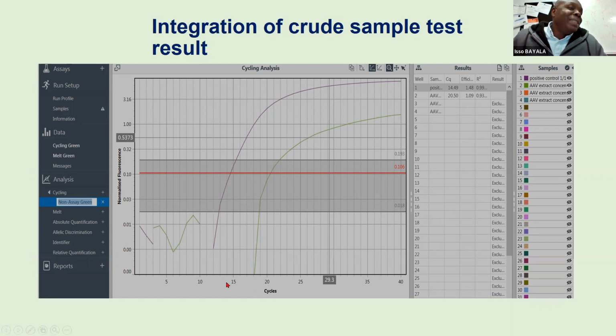And the green line takes about 17 cycles. So it means there was less material in the green before you get to the CT. So the CQ tells you how many cycles it took for each tube, each sample, to reach the threshold, the red line. So this was with the unpurified sample. So that's what we get.